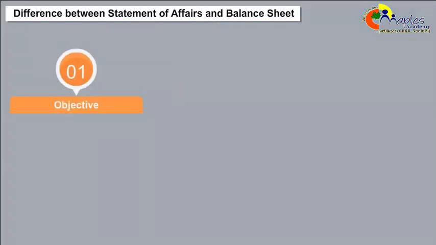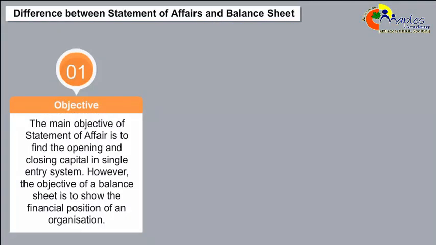1. Objective. The main objective of a statement of affairs is to find the opening and closing capital in single entry system. However, the objective of a balance sheet is to show the financial position of an organization. 2. Omission.